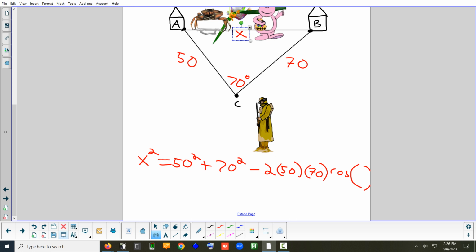Would you put the 70 in there? Yeah, you put the cosine of the angle that's across from the side you started. So one side squared equals the sum of the squares of the other two minus twice the product of the other two times the cosine of the angle that's across from what you started with.